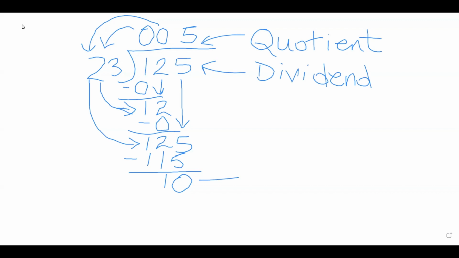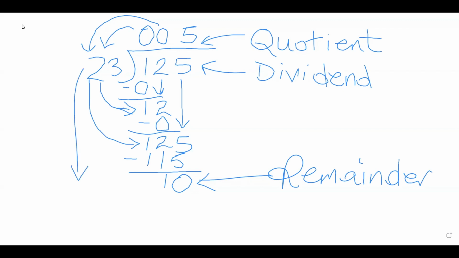And the 10 is considered the remainder. While the 23 over here is considered the divisor.